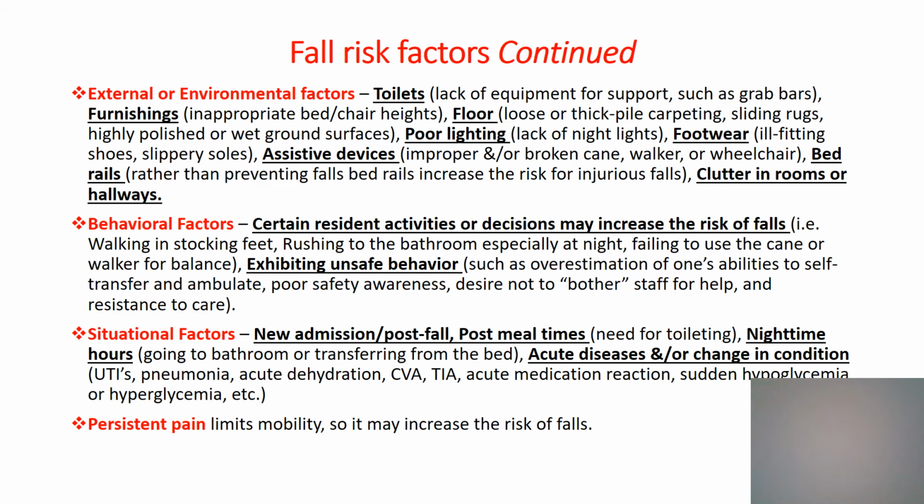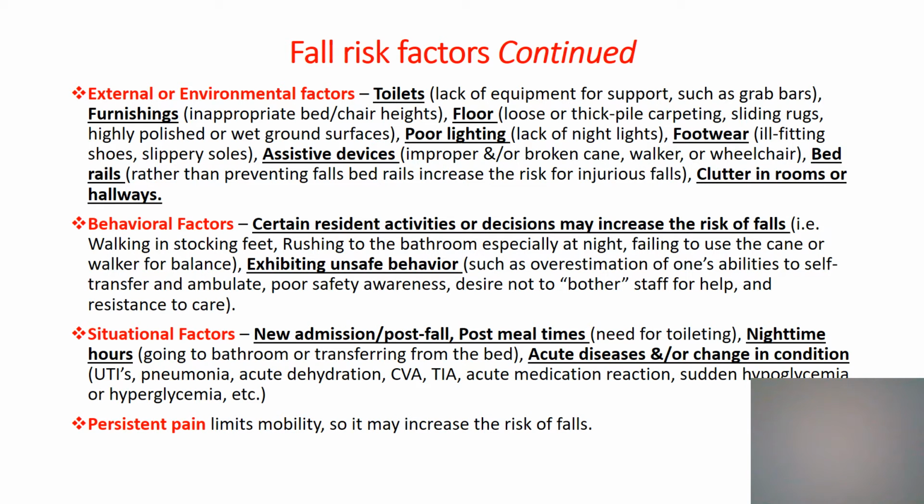External factors or environmental factors, toileting. Make sure they get to toilet prior to and after meals and whenever they need it. And also make sure there's good support, grab bars to get up, and equipment for support, especially if they're able to go to the bathroom on their own. Any extra furnishings that are in the room can be a hazard.